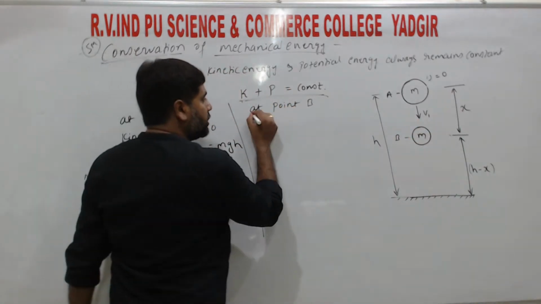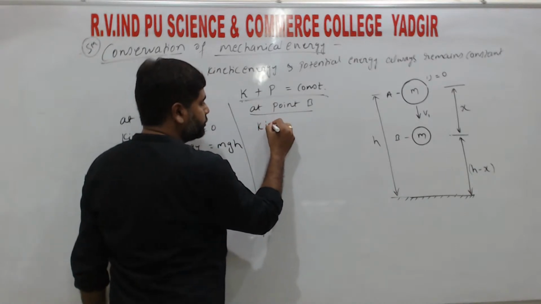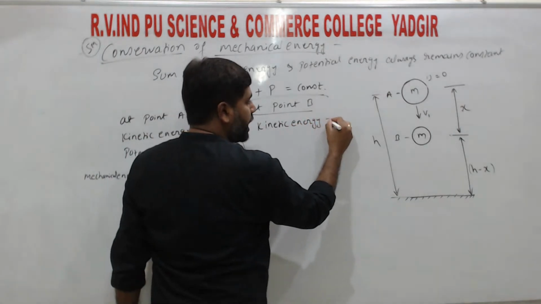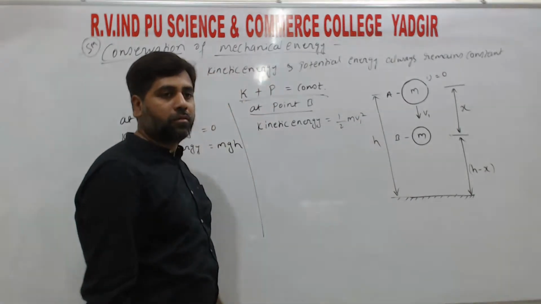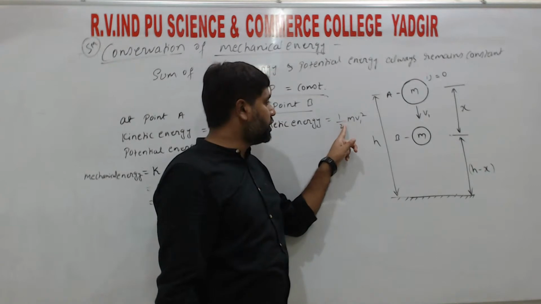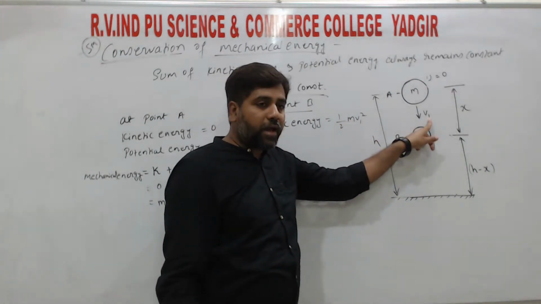So for this, at point b, kinetic energy, we have the formula half m v1 square, right? We derived the KE formula, that is half m v1 square. So we need to find the value of v1.